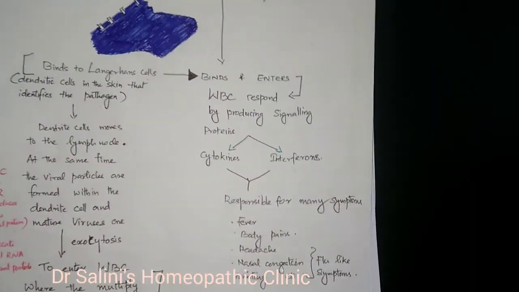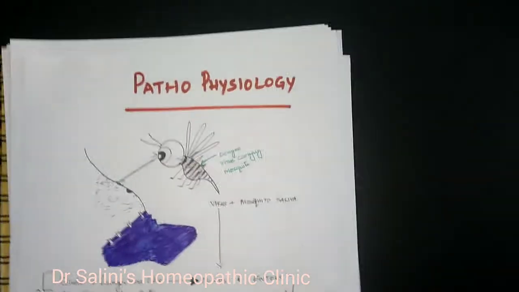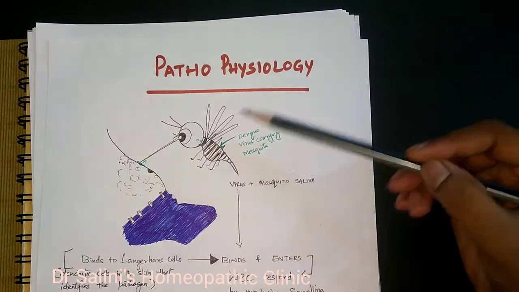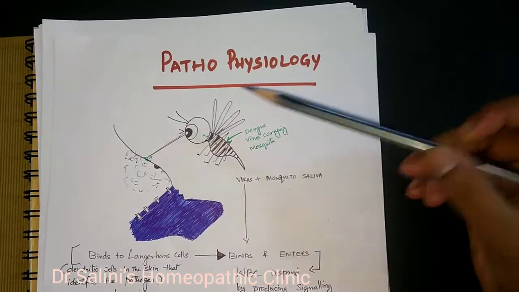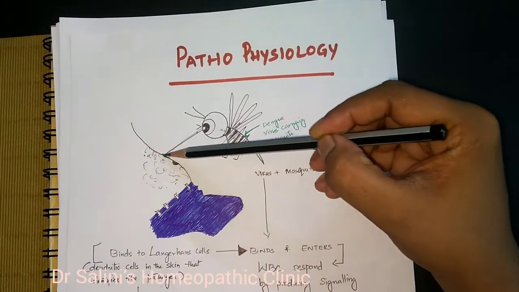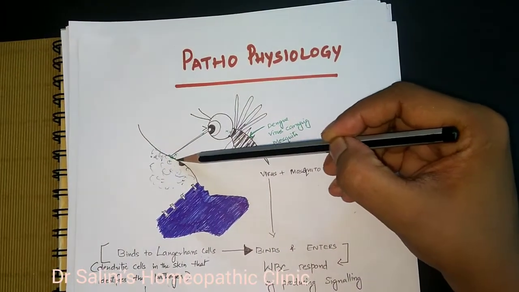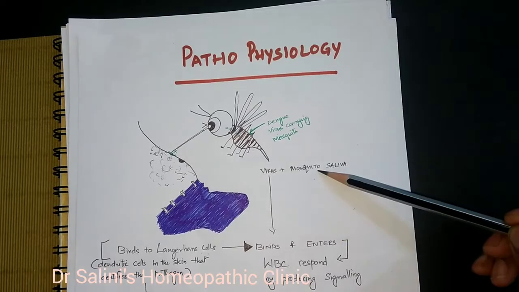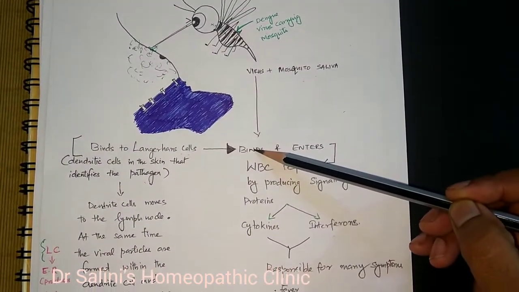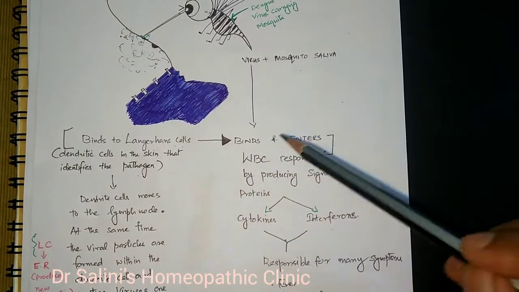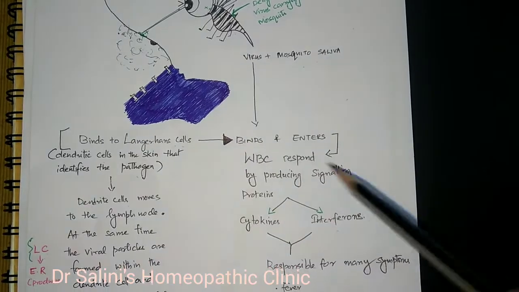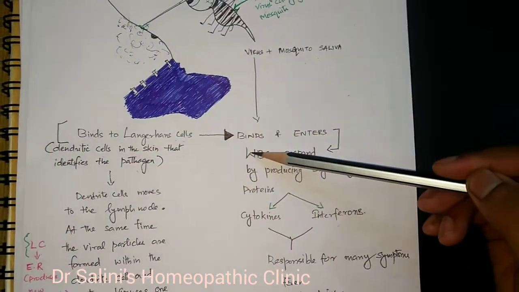Now I'll deal with the pathophysiology. The mosquito carrying the dengue virus will bite the human, and the virus enters the skin along with the mosquito saliva and binds to the Langerhans cells on the skin and enters the white blood corpuscles where it multiplies.